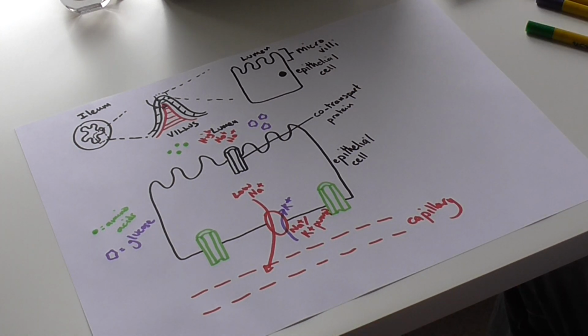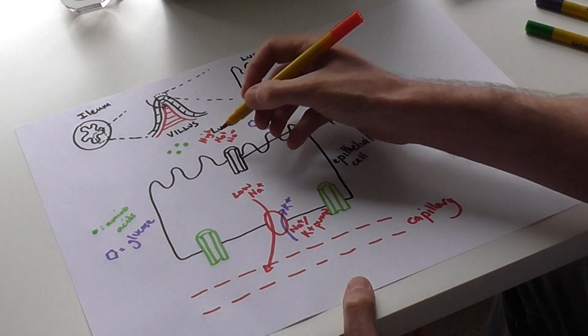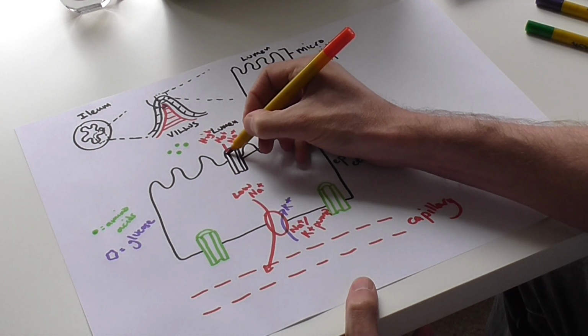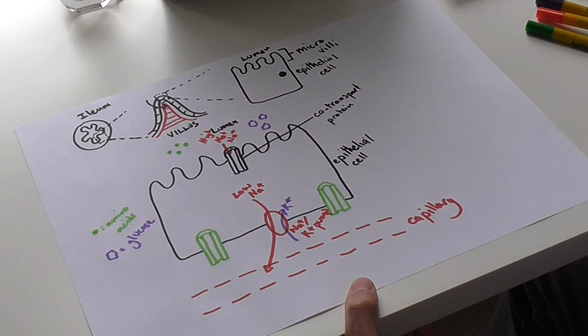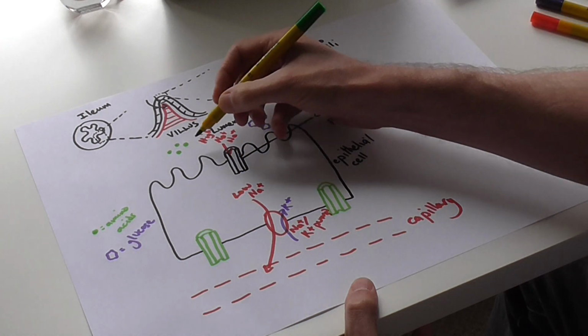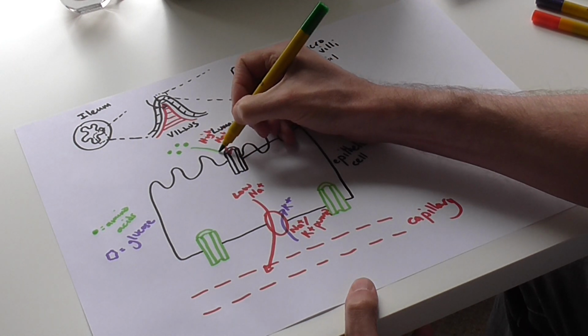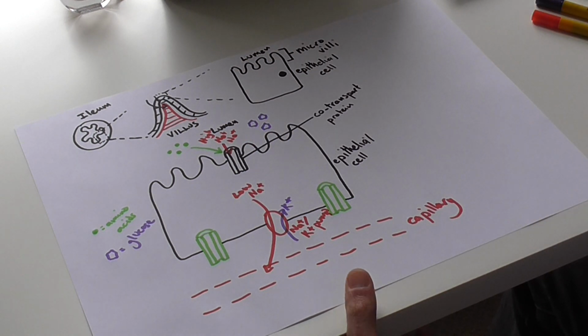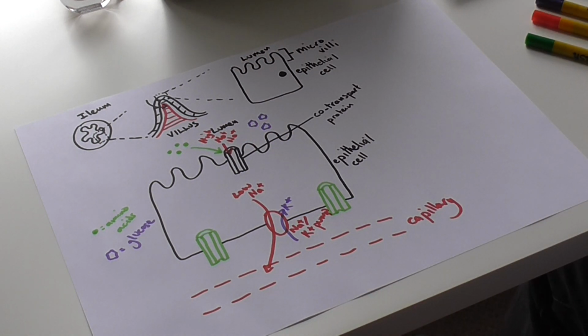Co-transport because what's going to happen is this: as the sodium ions move down their concentration gradient, some amino acids will bind with them. But it's the sodium ions that are moving down their gradient, and amino acids will bind with the sodium ions as they move through the co-transport protein.